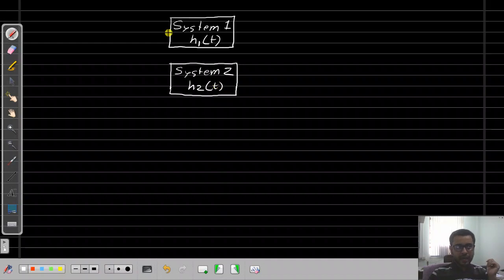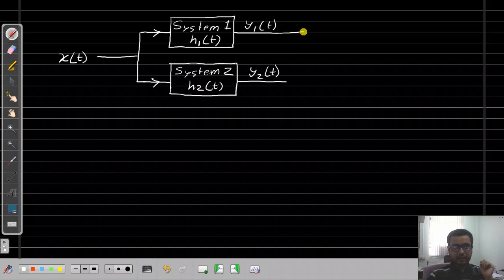Now I shall connect these two systems in a particular way. See this. These two inputs I am going to connect together. Therefore, the same input x will go to both the systems and they will produce two outputs, call them y1 and y2.